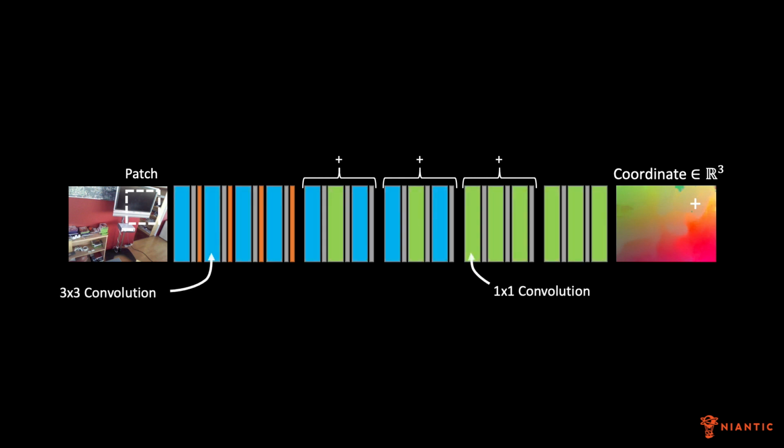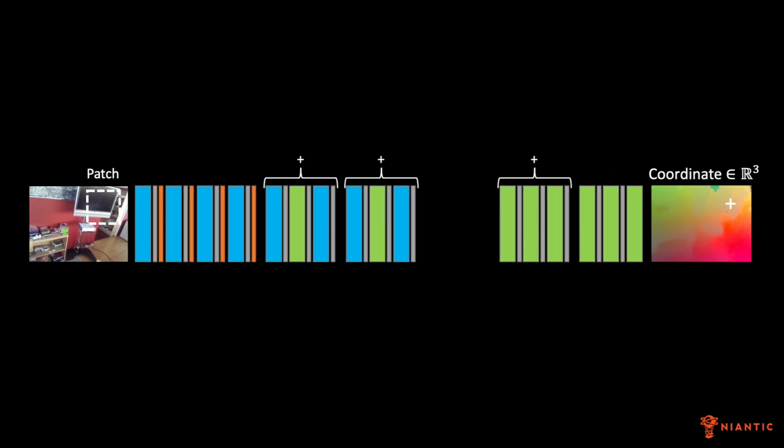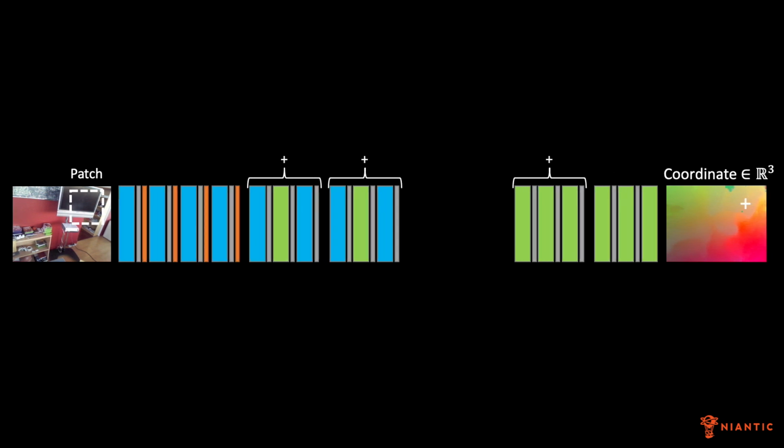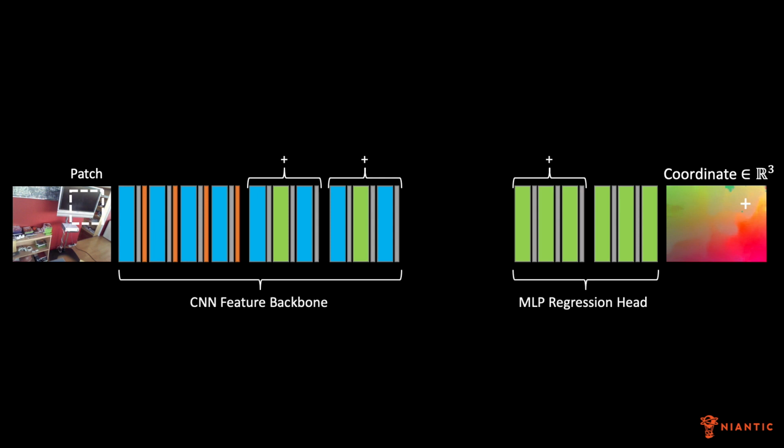Here we have 3x3 convolutions and 1x1 convolutions. In fact, after some point, we only have 1x1 convolutions in the network. Let's split the network at that point, which gives us a CNN feature backbone and the regression head. The regression head is an MLP, since it consists only of 1x1 convolutions. This distinction is crucial for the training speed of ACE.